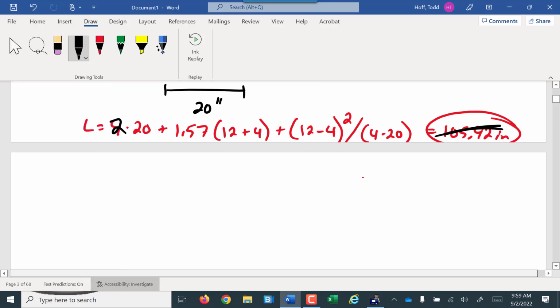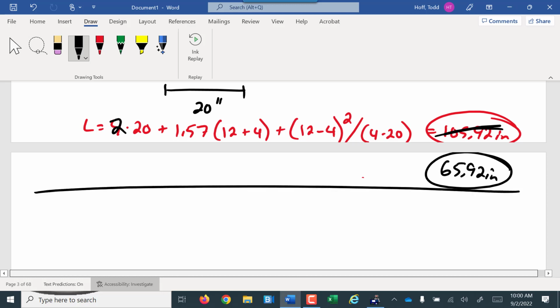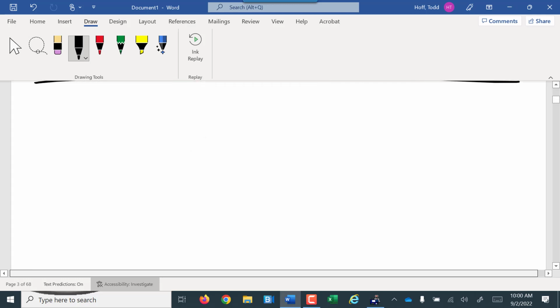So that would make it 65.92. Thank you. It's the first week. The little hamster is not totally on the wheel yet. Sorry about that. Good catch. So yeah, 65.92. Does that look better? Helps if the instructor doesn't screw it up on you, right?